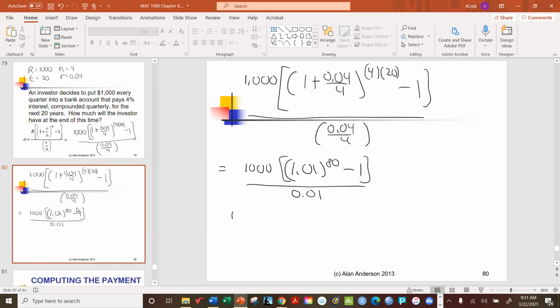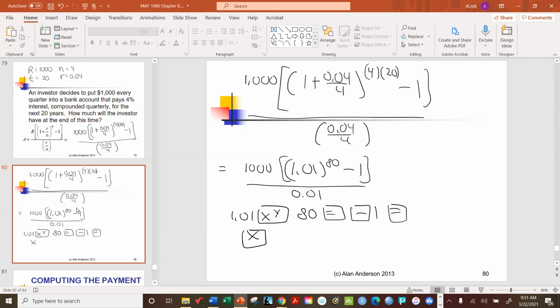So you could put 1.01 raised to the 80th power equals, don't forget the equals, minus 1 equals. That'll give you the numerator, what's in the brackets. Then you can multiply that by 1,000 to get the entire numerator. And then you can figure out the denominator. So I kind of like breaking it up into these 3 steps.